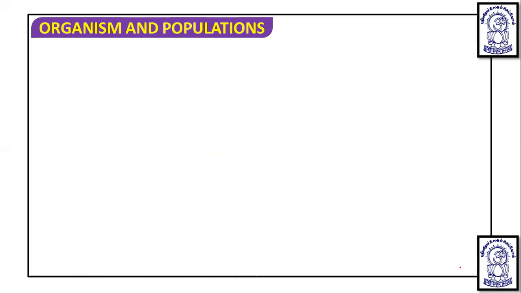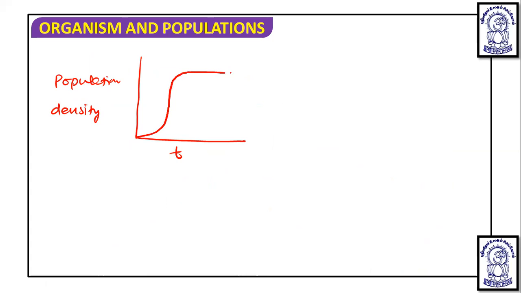If you want to draw this particular curve, it will look like this. With respect to time, if we are taking population density, it will show this type of curve. This is known as the lag phase.